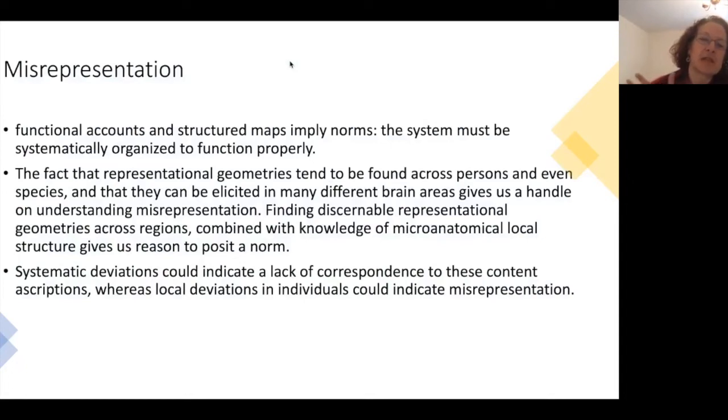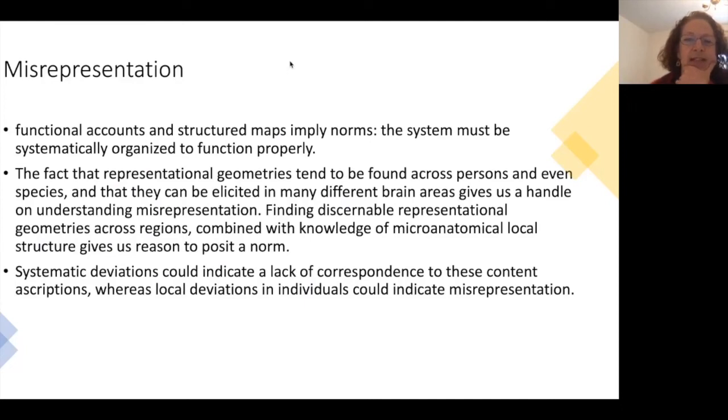The other big category is, can we give an account of misrepresentation? This has always been a challenge, because misrepresentation requires that there is a norm for what is correct representation, and naturalistic accounts have had difficulty giving accounts of norms.